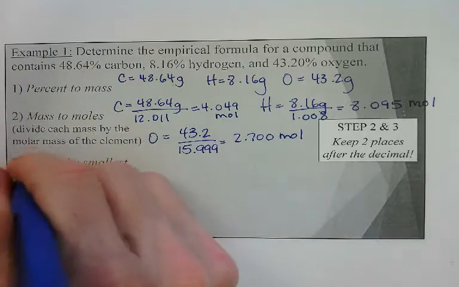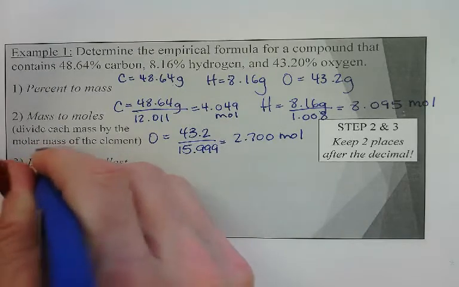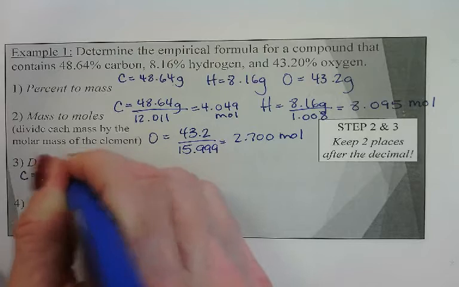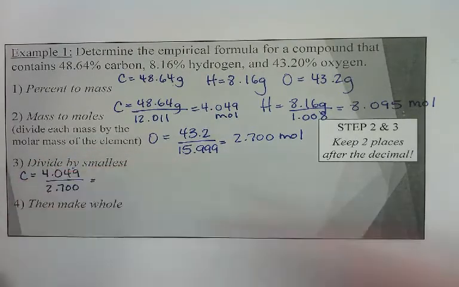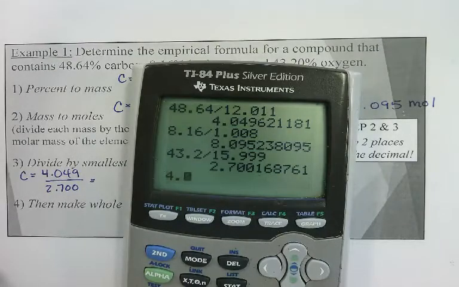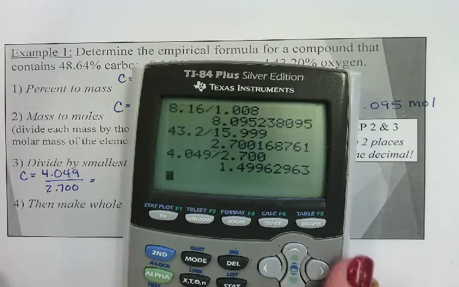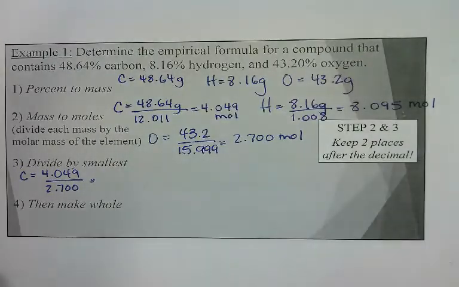So we'll start with carbon, 4.049 divided by 2.700. And I get 1.499.